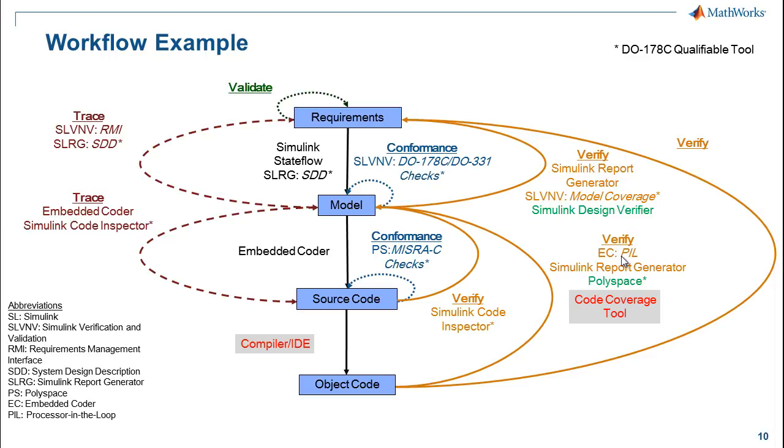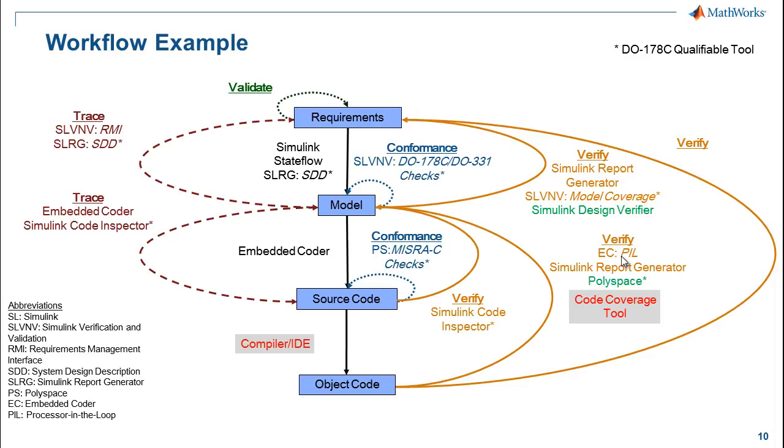So the idea here for a DO-178C process is that we'd really like to take advantage of this PIL mode, because now we're executing the compiled generated code on the target processor. And that makes it easy for us to take certification credit for this testing.